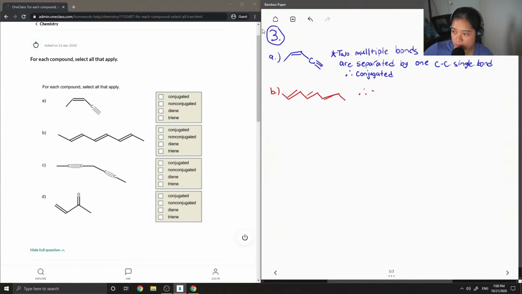So this compound is also conjugated. But I can also say that it is a triene. That means there are 3 double bonds.